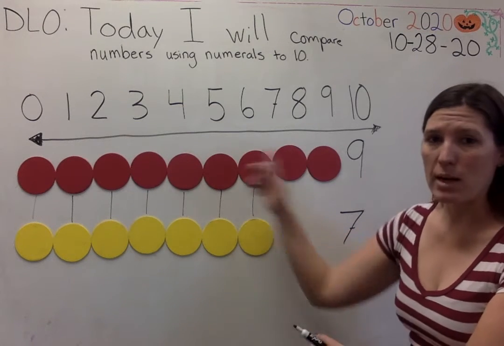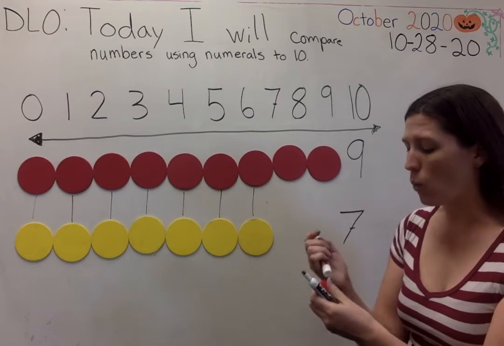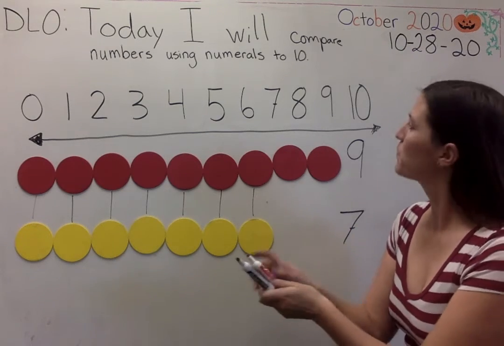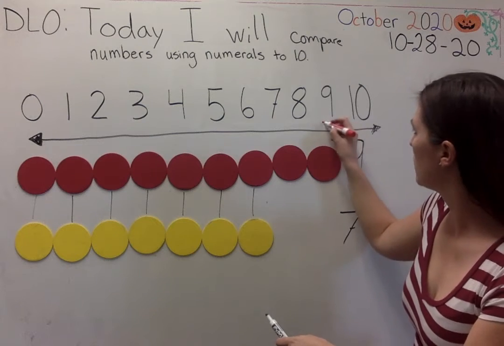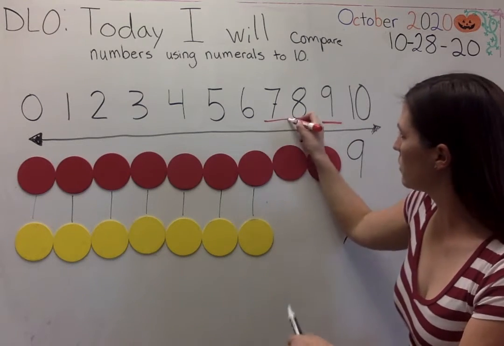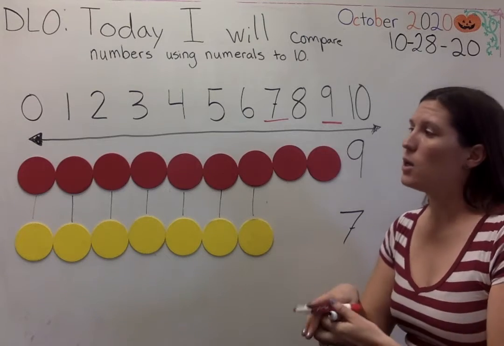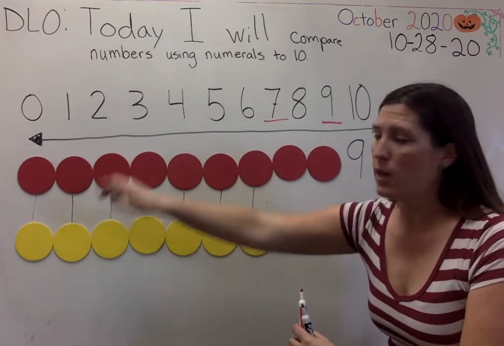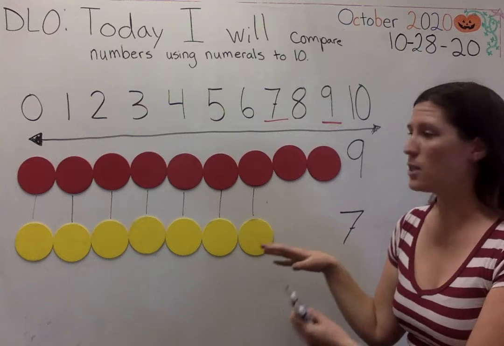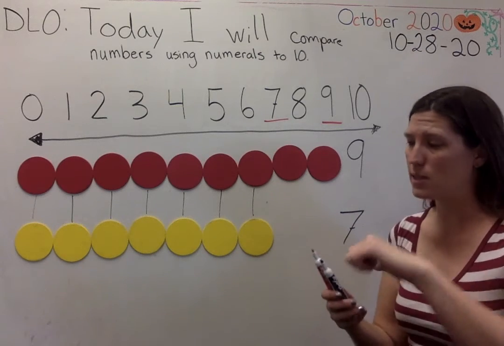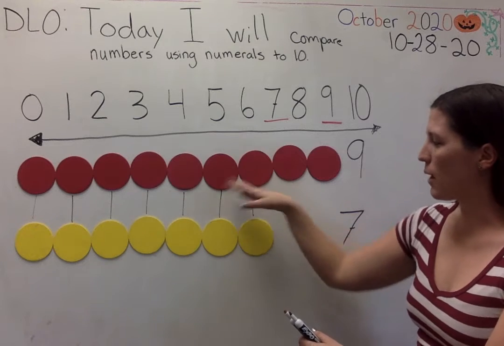I'm going to mark it on my number line to help me figure out which number is less, not as many. So we have 9 and we have 7. The number that is less, not as many, is going to be closer to 0, and it won't have as many dots. It won't have partners. There are no extras if the number is less. So we compared them.